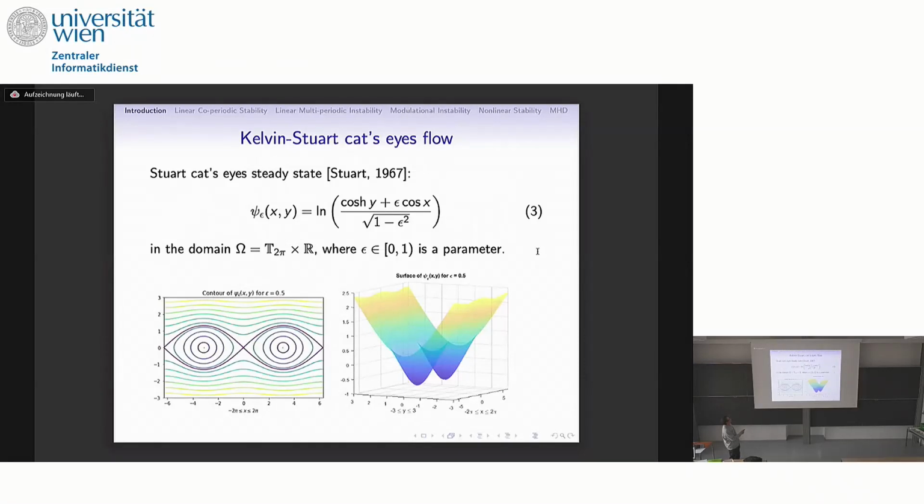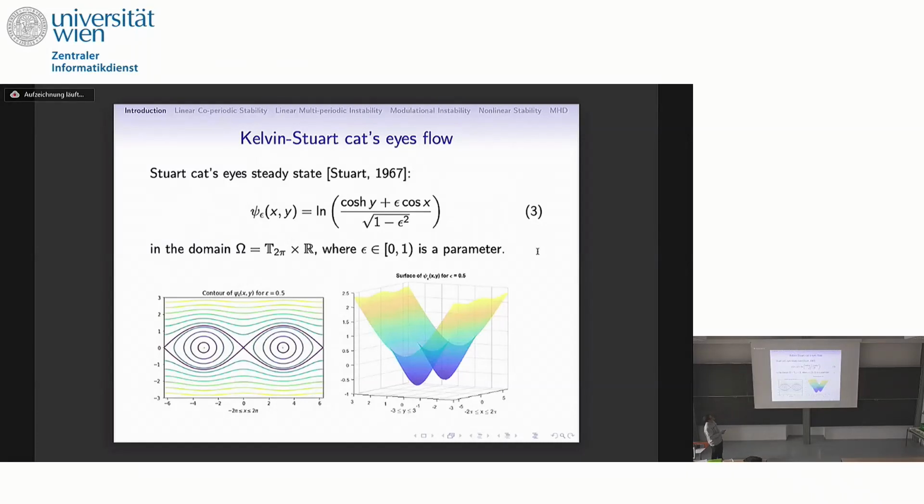You can see in this formula there's a parameter epsilon. Epsilon can take any value from 0 to 1, including epsilon equals 0. But of course, you cannot put epsilon equal to 1. This would be meaningless, right? But we're going to see that when epsilon tends to 1, it actually has a very important physical meaning.